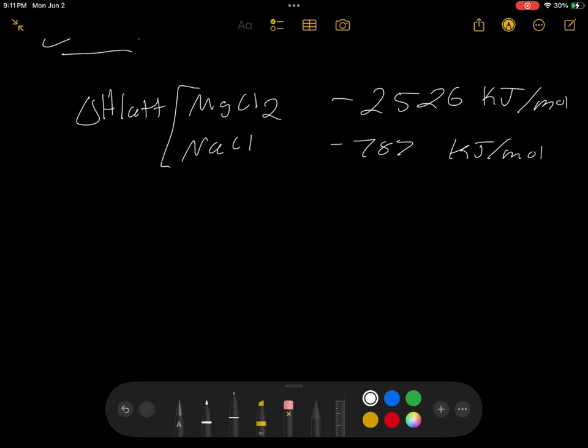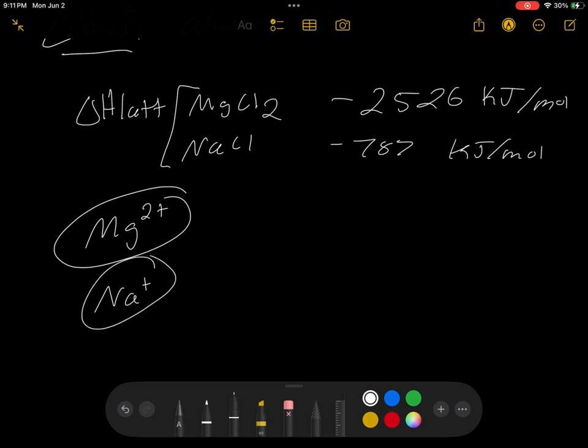So what I mean by that is magnesium has a 2+ charge. Sodium has a +1 charge, right? So this magnesium is more electron deficient than this sodium is. So what does that mean? Essentially, when this is trying to bond to the Cl- atoms, this bigger deficiency creates a bigger difference in charge between the ions.